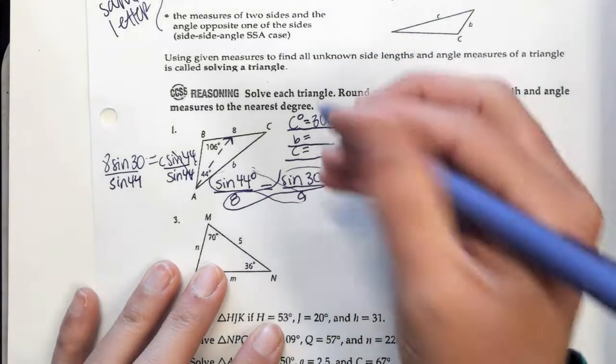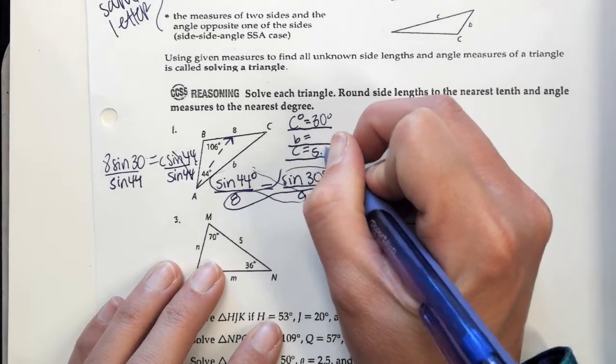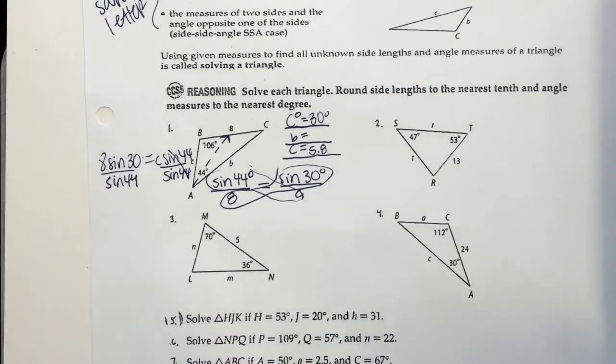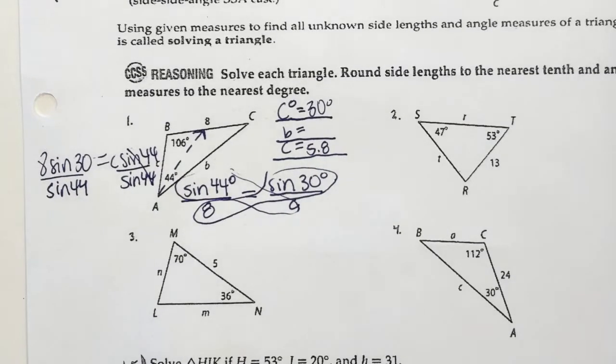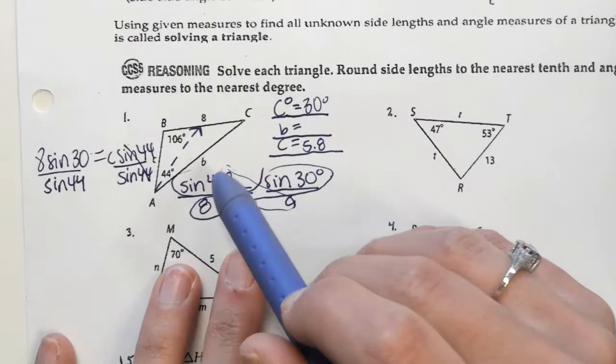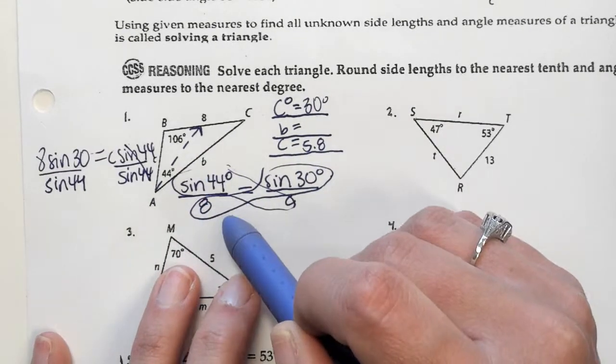Alright, so we solved for C, that's 5.8. Now, question, can we use Pythagorean theorem to find B? Why? Very good. It has to be a right angle. This one's not, because there's no 90 degrees involved. So how do we find B? Same way. So what changes here? Does this change?